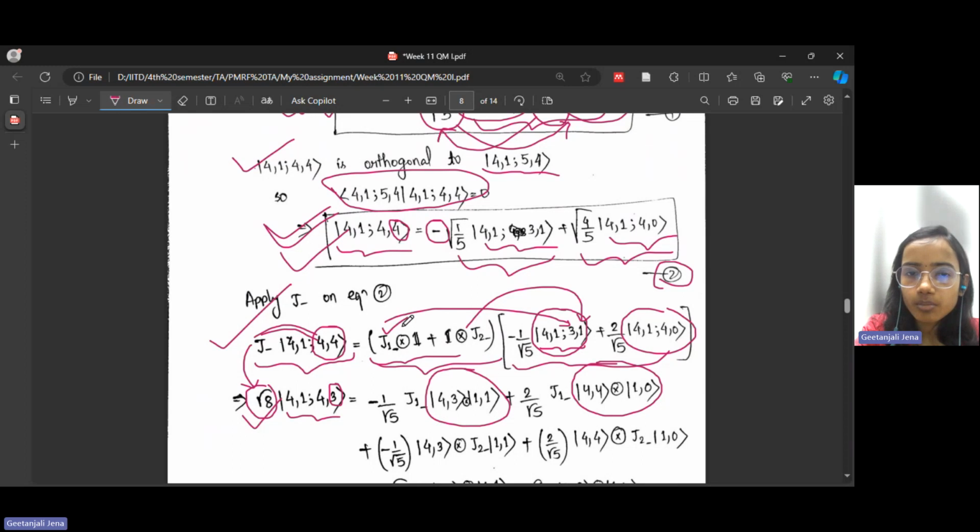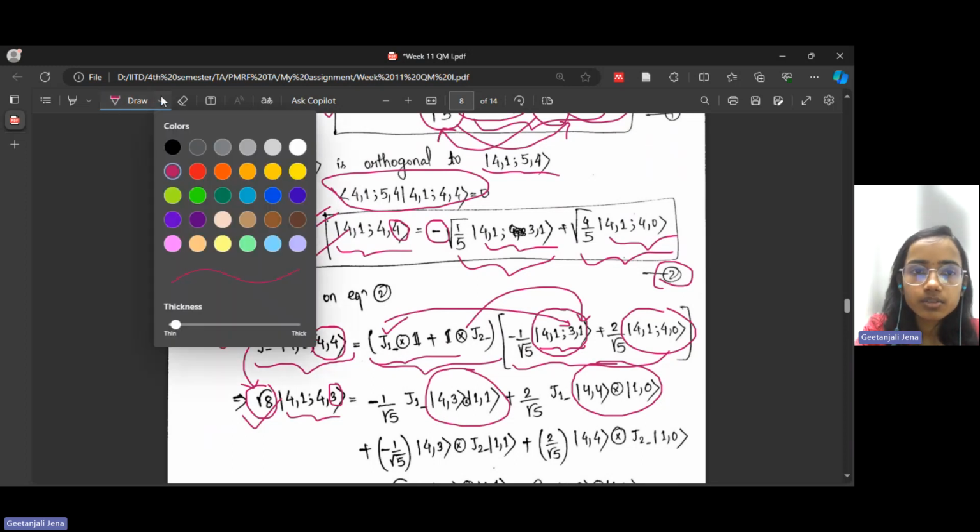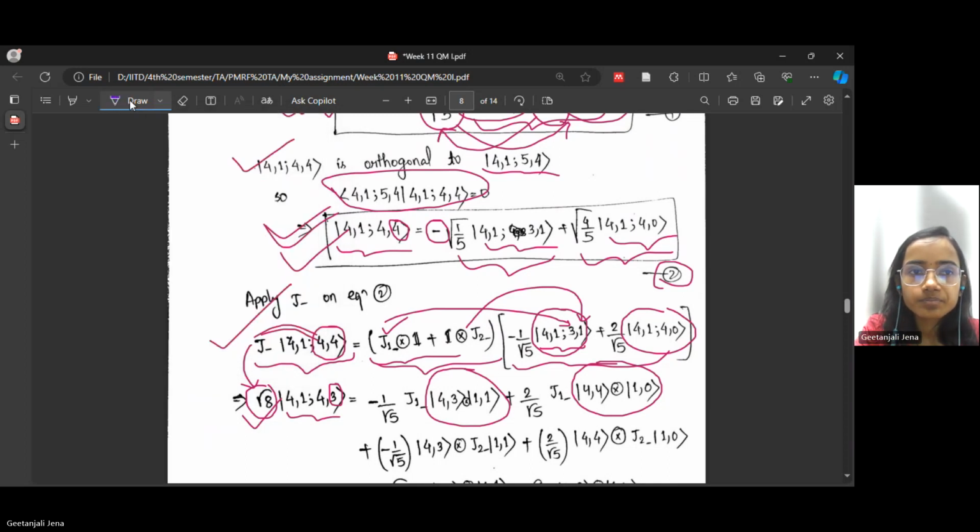So this J1 minus, let me change the color first. So here J1 minus will act on this also and it will act on this also, right?